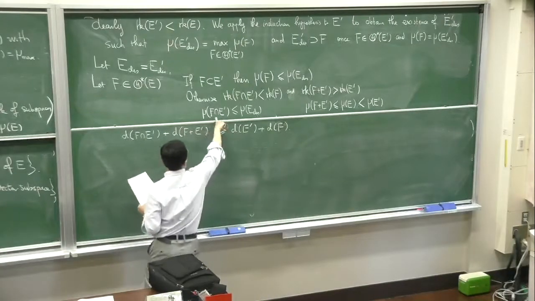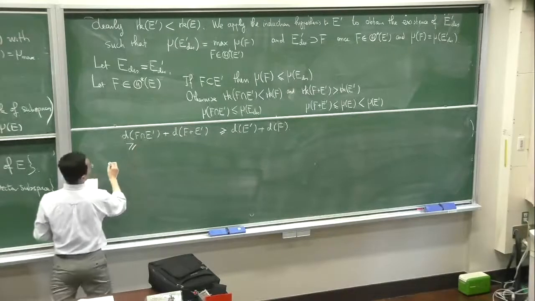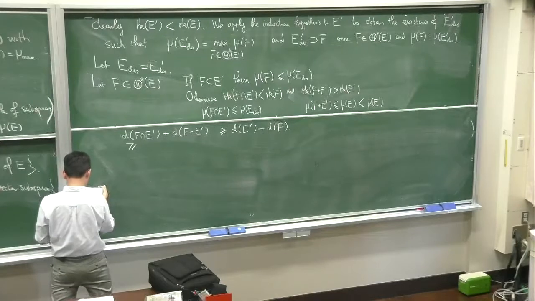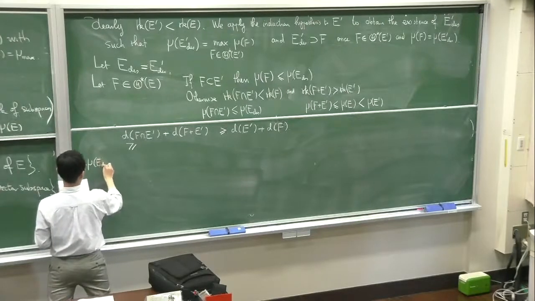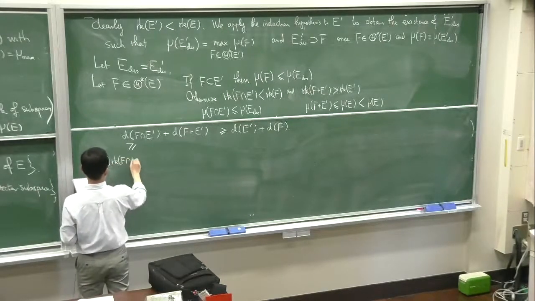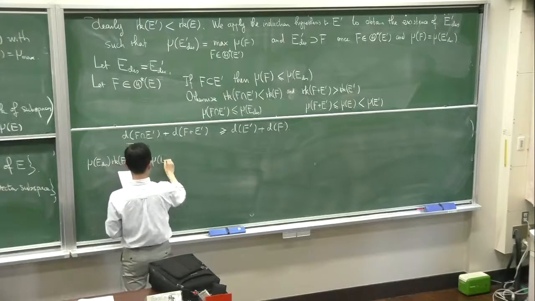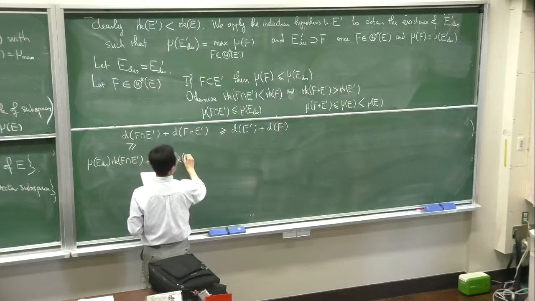And the slope of this one is bounded here, so it's bounded by mu of E ds times the rank of f intersection with E prime, plus mu of E prime times the rank of f plus E prime.